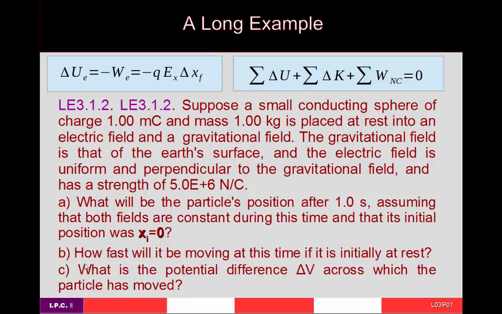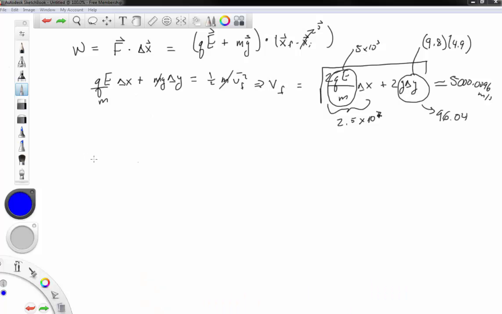Okay, the last part of this example is what is the potential difference delta V across which the particle has moved? To get that, we can use that delta V is the same as U sub E over Q, which is change in potential energy over Q, and that is going to be the work divided by Q, or negative times the work over Q. This doesn't necessarily need to be the potential due only to the electric.